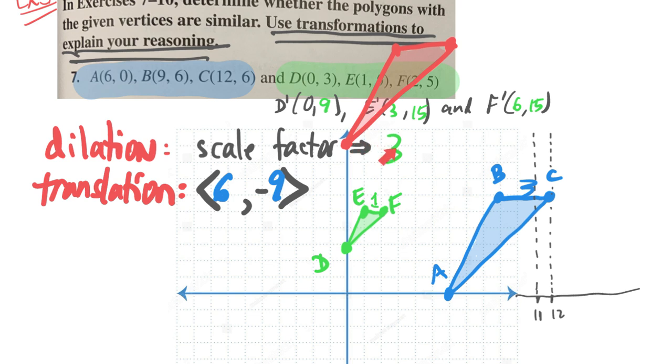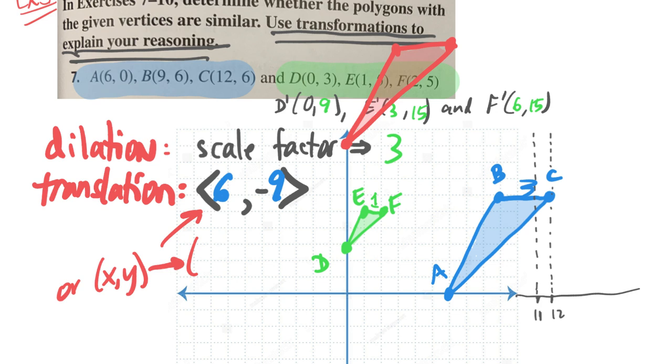Again, 1, 2, 3, 4, 5, 6. 1, 2, 3, 4, 5, 6, 7, 8, 9. So if we translate by this vector, that point will land on A, this point will land on B, and this point will land on C. And we're done. And if you prefer, you can describe that translation this way using a rule.